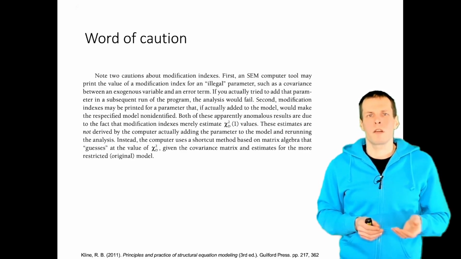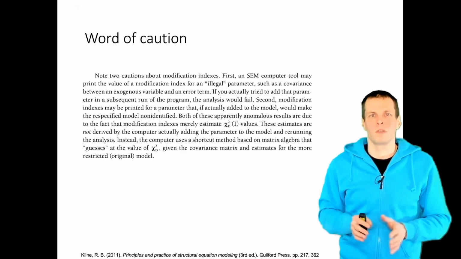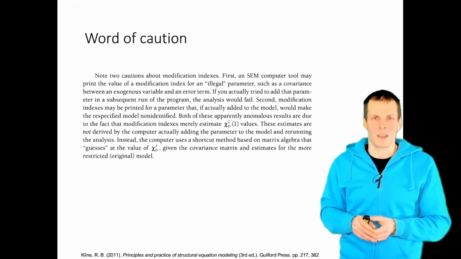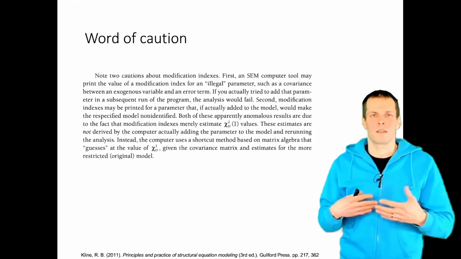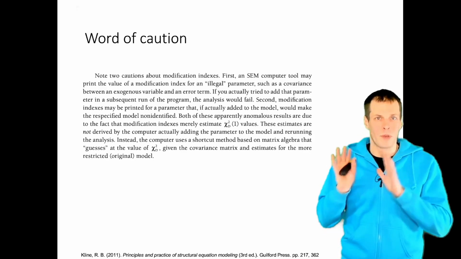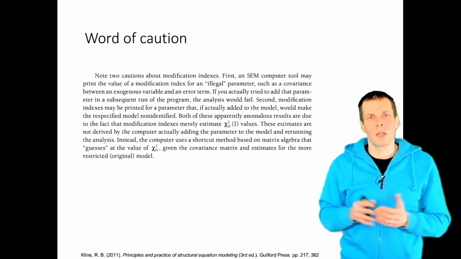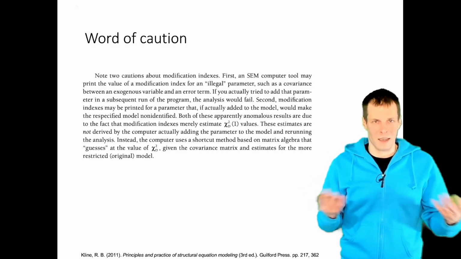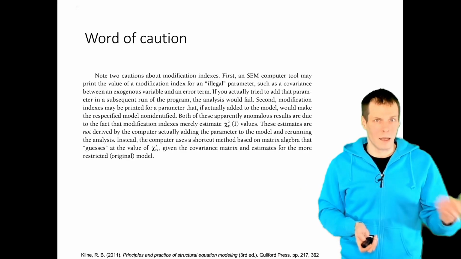Some of the modification indices might also be impossible. So the computer software might tell you to free a parameter that you can't free. For example, it might tell us to free the scaling indicator of a factor, and if we free that, then the model becomes under-identified. Or it might tell us to free a parameter which is not a part of the parameter matrices, so it can't be freed in that software.